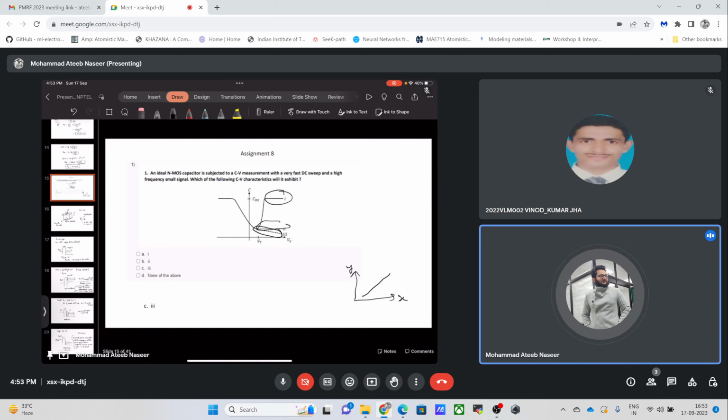As a result, we will have the charge balance completely, and this depletion width will increase, as a result of which you see the capacitance is now decreasing over here. This condition, which occurs due to the fast ramping of the DC voltage, is known as deep depletion, which is basically due to the minority carrier concentration not being able to respond to the gate bias changes.